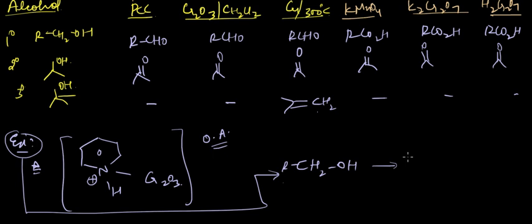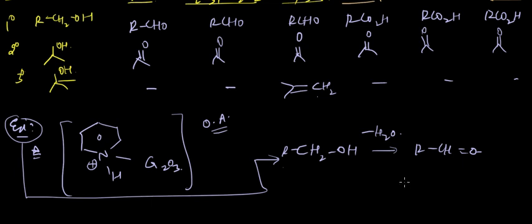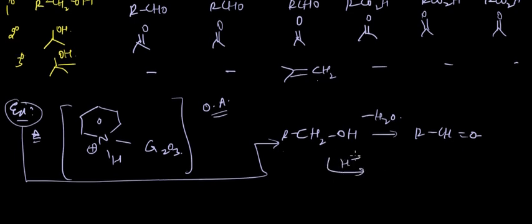So what actually happens is minus H2 takes place, and we get RCH double bond O. First, by writing minus H2, what actually happens is we provided OH minus.